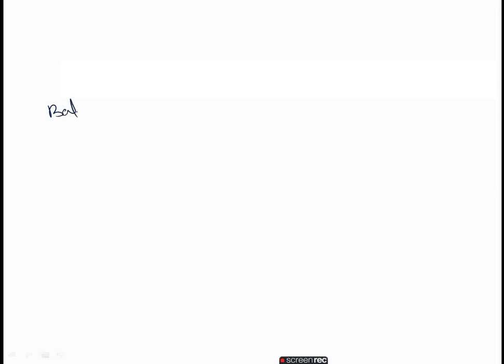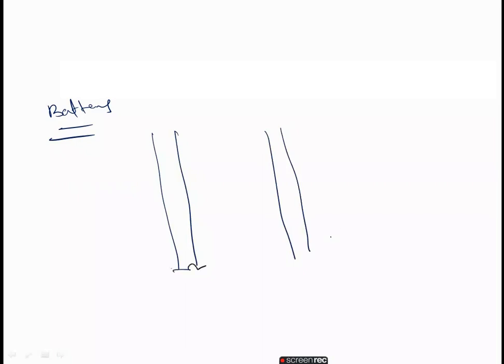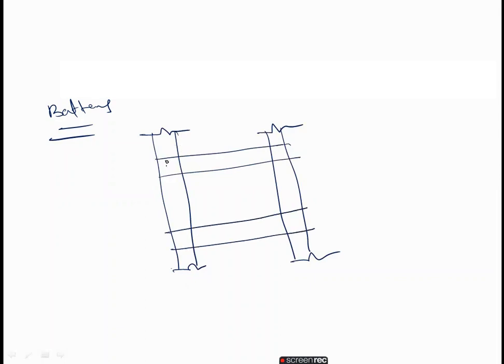Next, battening. What are battens? Instead of lacing, one can use battens to keep the members of the columns at a required distance. Suppose it is a column like this, a steel column. These are the battens. We will provide them horizontally like this and connect them with bolts.